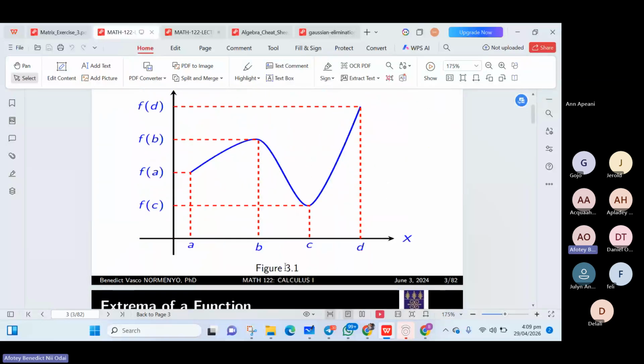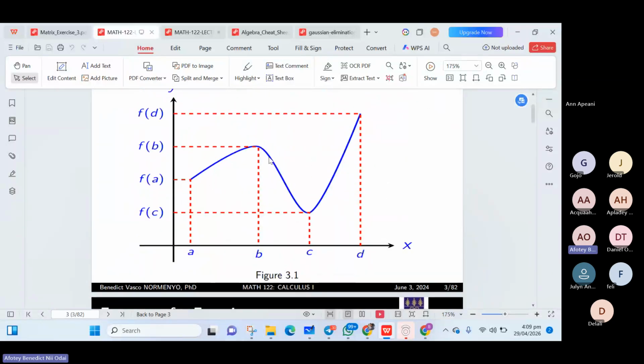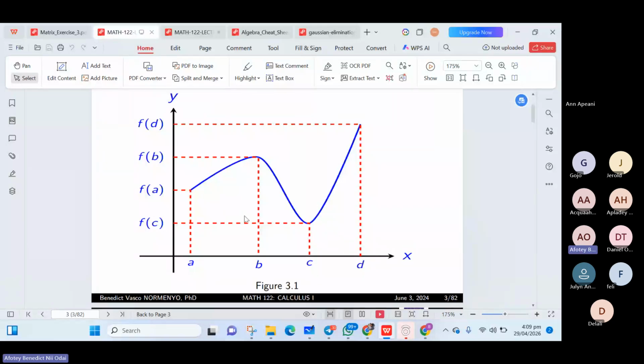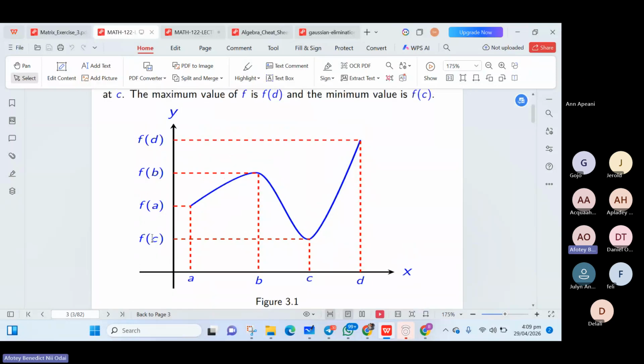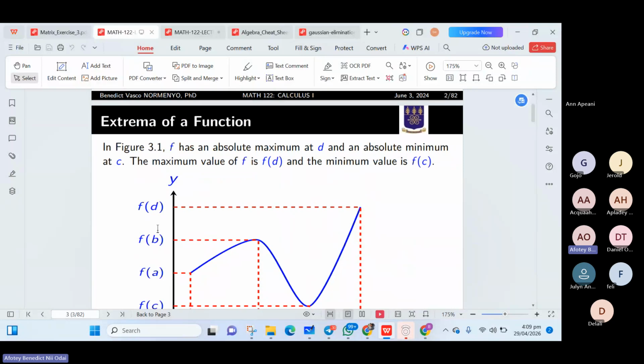So from this graph, you can clearly see that the maximum of this function is f of d, which occurs when x is equal to d, and the minimum is what? F of c, which occurs when x is equal to c. Right, so f of d is the maximum and f of c is the minimum. That's what the extrema is saying.